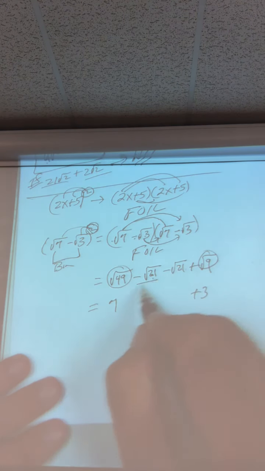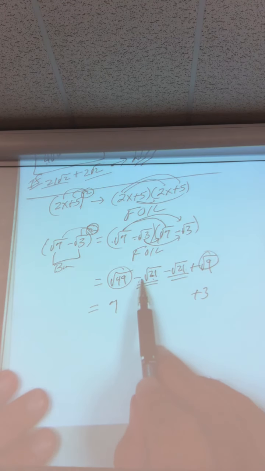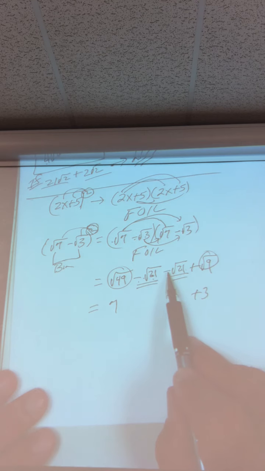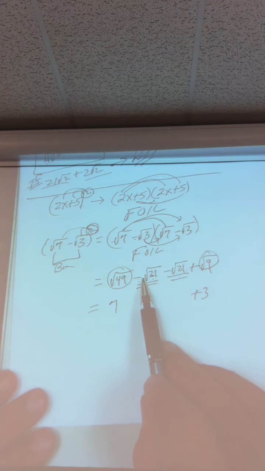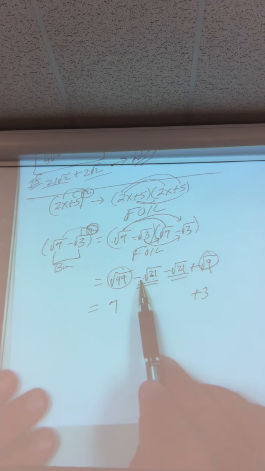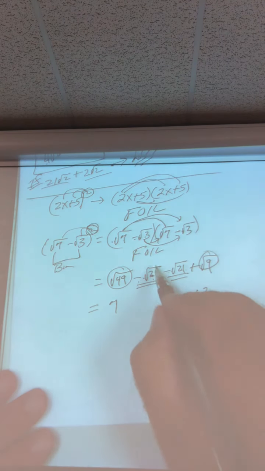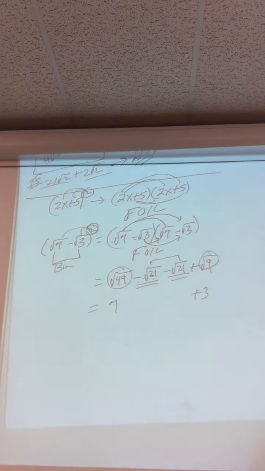However, are these radicals like radicals, like terms? Yes. What's the coefficient? 1. What's the coefficient? 1. What's behind the 1? Square root of 21. What's behind the 1? Square root of 21. So what's behind this coefficient is the same as what's behind that coefficient. So that means that these two terms are like terms.